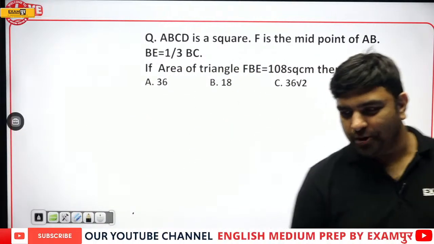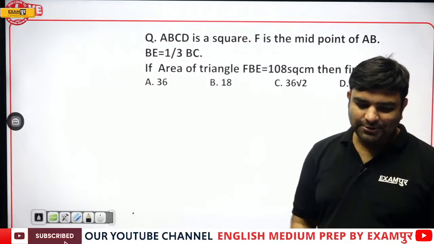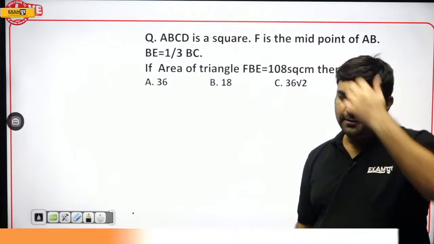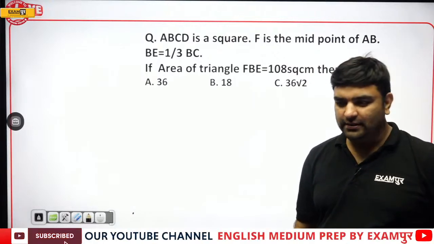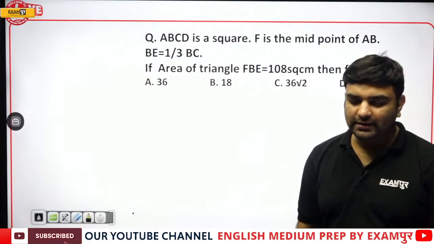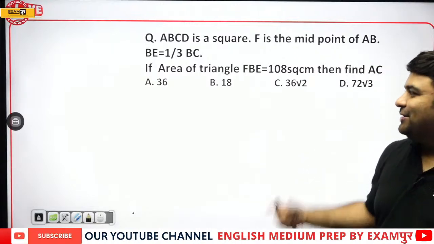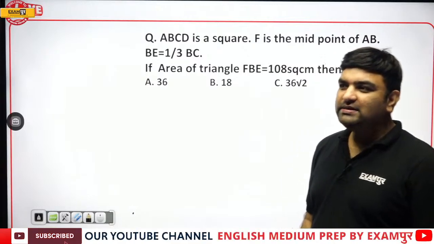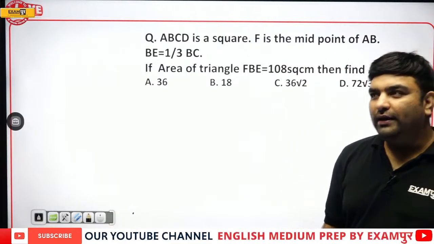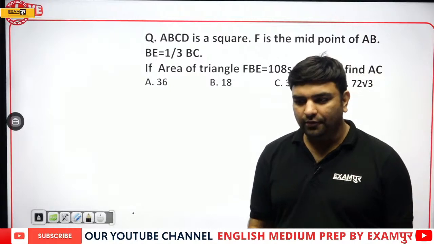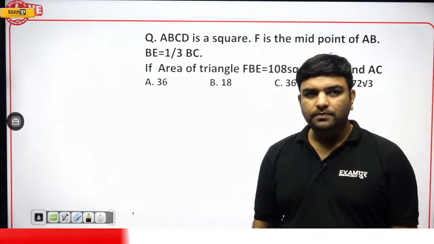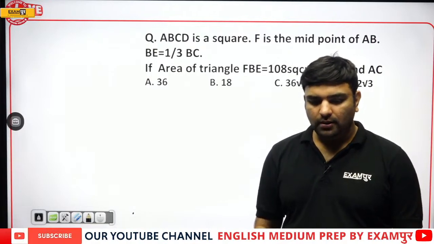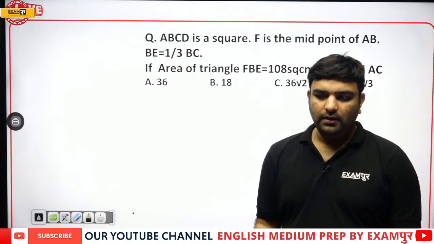A new strategy today, guys. In the triangles, we followed a different strategy. I was first telling you the things, then making you do the questions. Today, I'm taking a different strategy, because I believe that quadrilateral problem solving does not require too much theory.